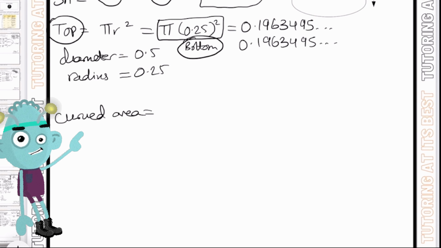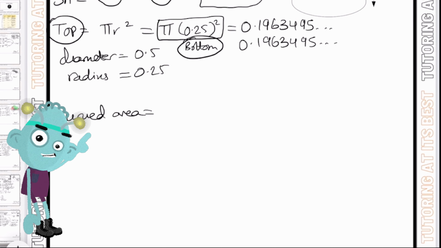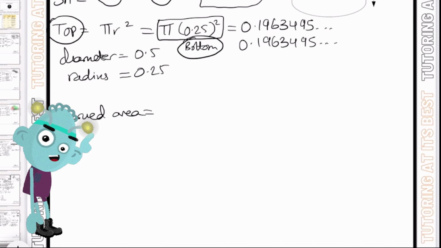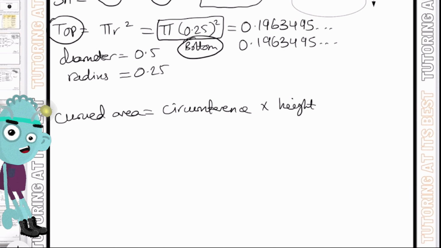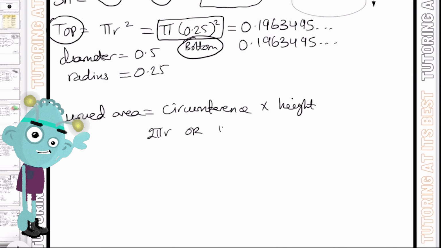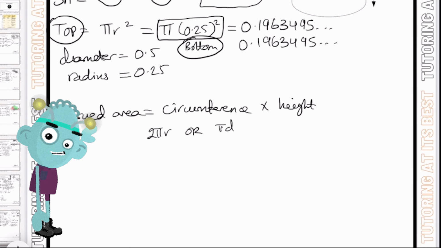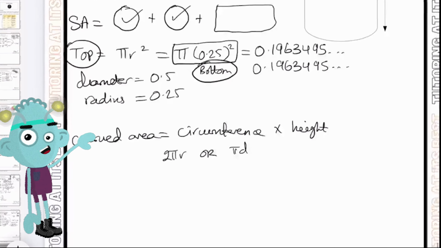Now for our curved area, we need to simply have our circumference multiplied by our height. So again, in order to work out our circumference, it's going to be 2 pi r, or pi times d, where d is your diameter. So again, we know our diameter here is going to be 0.5.